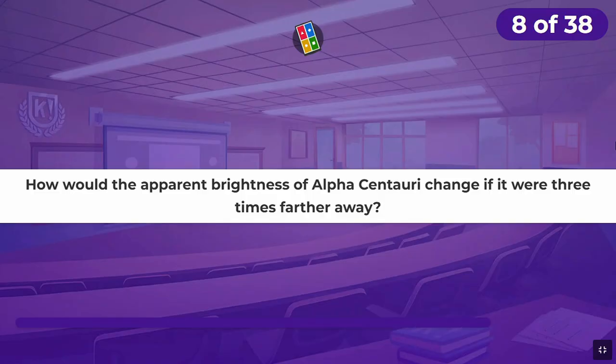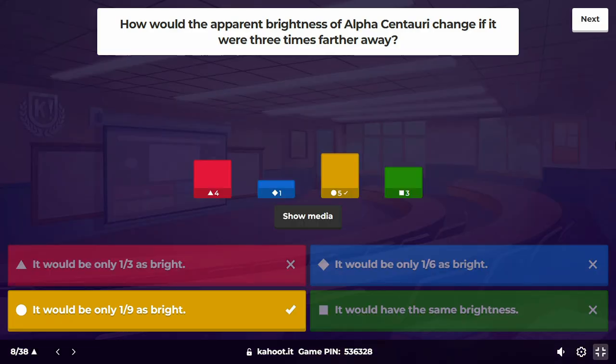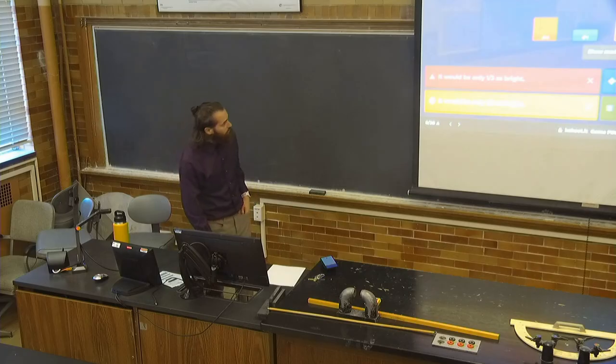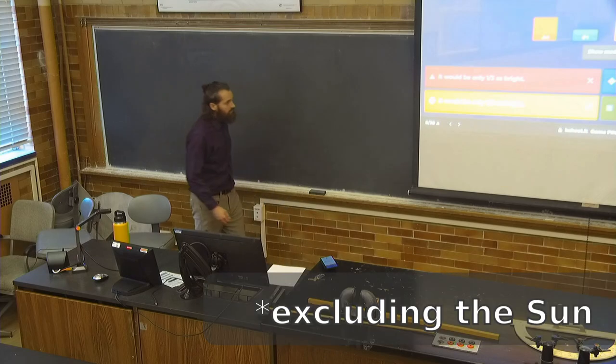So how would the apparent brightness of Alpha Centauri change if it were 3 times farther away? So let's do this one on the board. Alpha Centauri is our closest star.